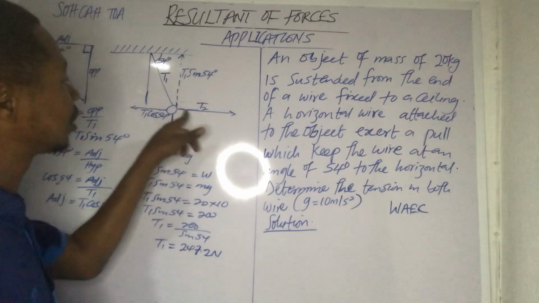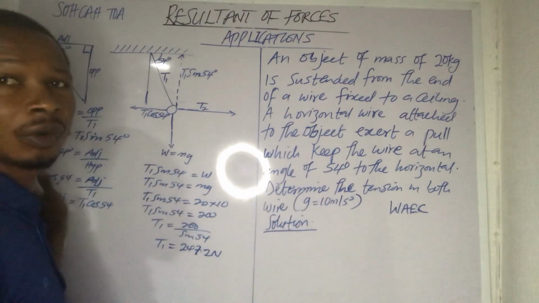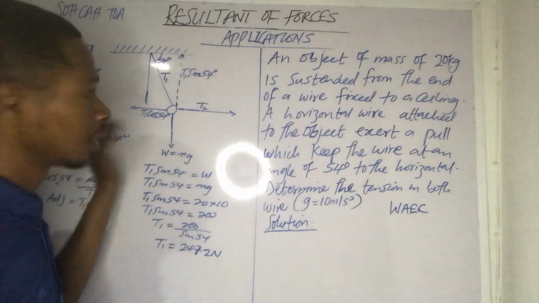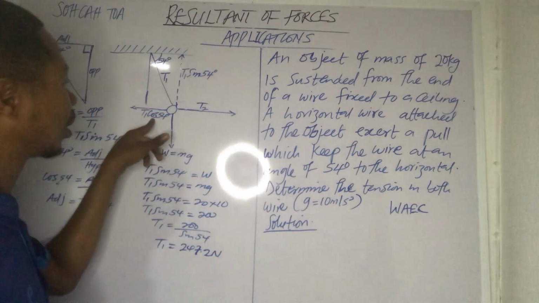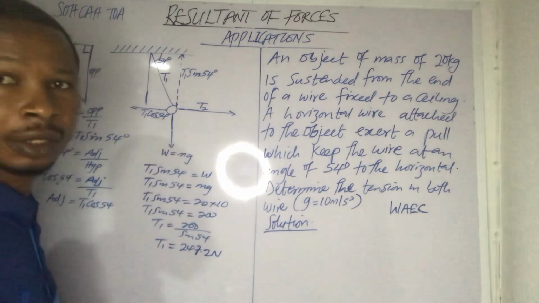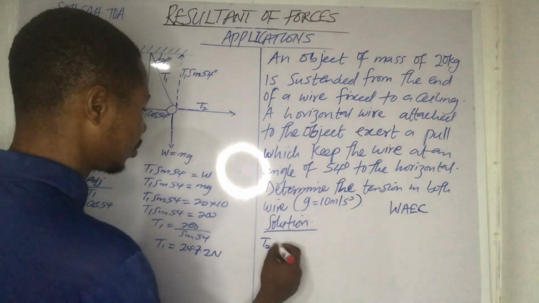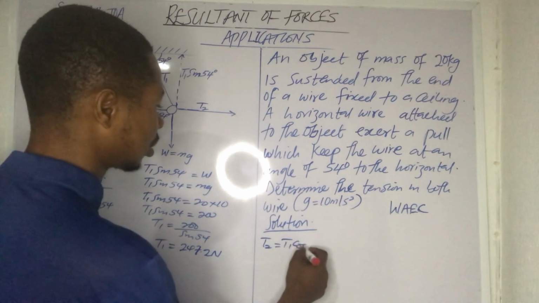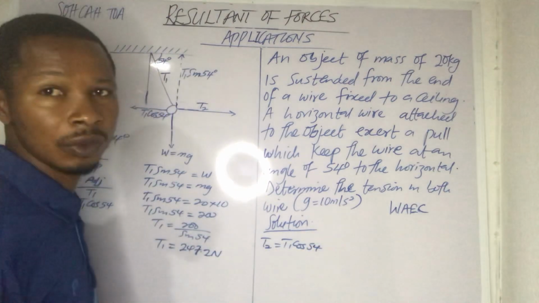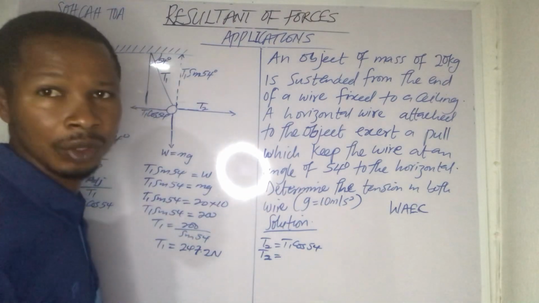Then how will I get the tension in the second string? Don't forget that this T2 will be equal to T1 cos theta. Rightward force is equal to leftward force. So my T2 will be equal to T1 cos 54.